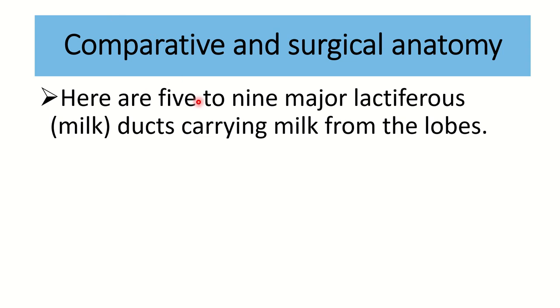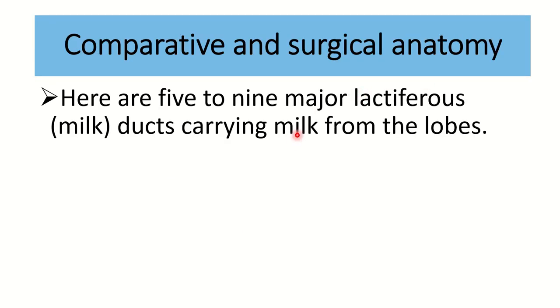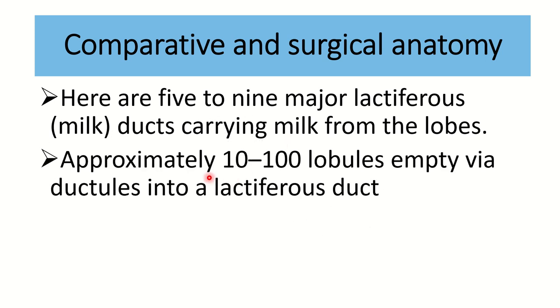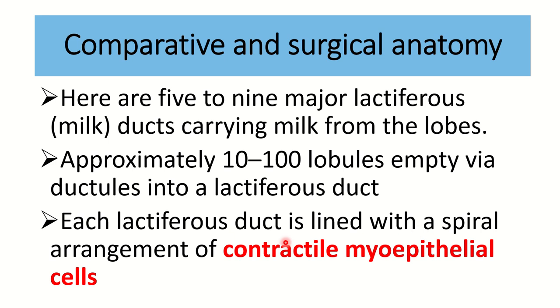Then here we can see there are 5 to 9 major lactiferous ducts carrying milk from the breast lobes. In this picture, the black area represents the lactiferous duct, and this lactiferous duct carries the milk. Approximately 10 to 100 lobules empty via ductules into the lactiferous duct, and each lactiferous duct is lined with a spiral arrangement of contractile myoepithelial cells.